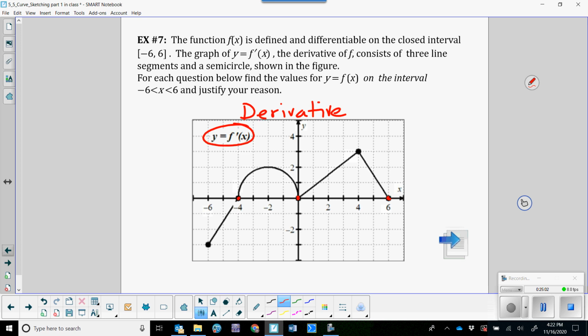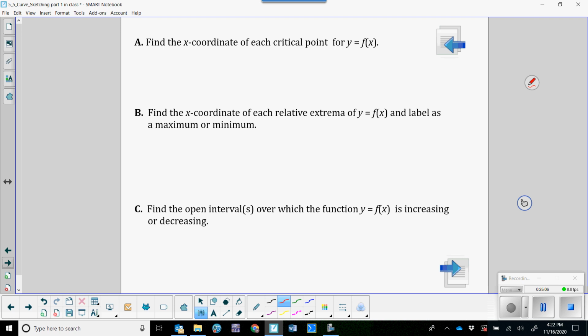That's where the first derivative equals 0, or would be undefined, which we don't have here. So critical points occur at -4, 0, and 6. Okay, so these are critical points. This is when the first derivative equals 0.